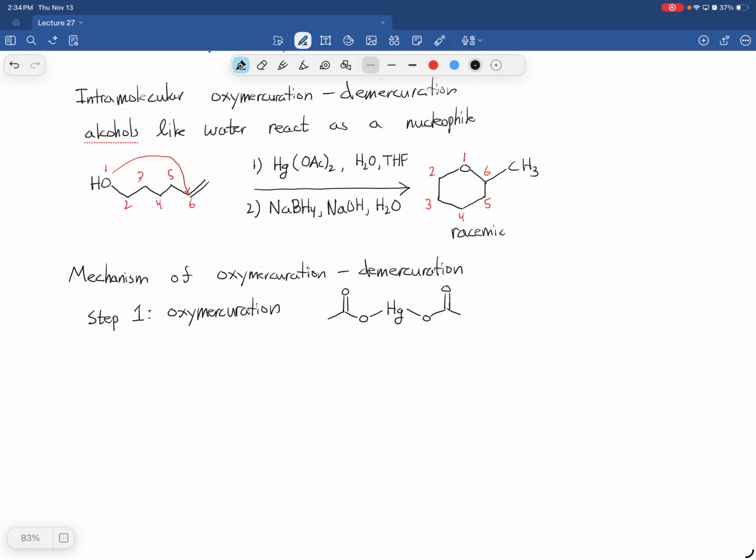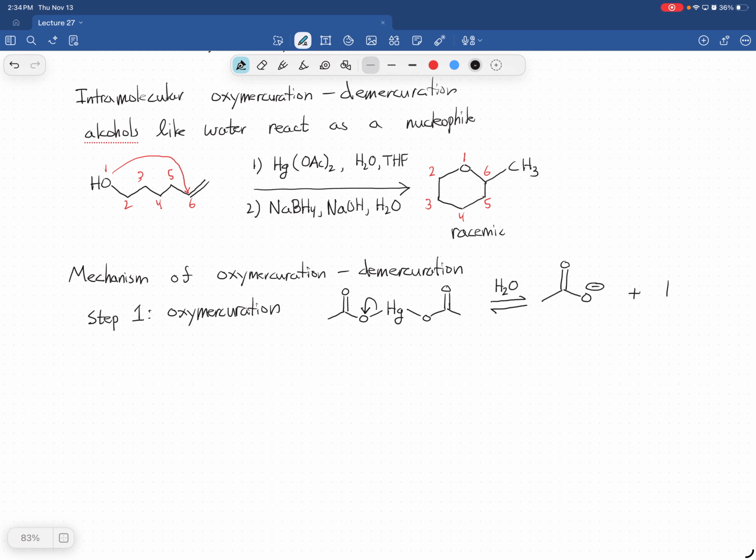So the mercury acetate in solution is not going to be very dissociated into ions because you have an organic solvent. Okay? So what happens here is one of the acetate groups will leave. Okay? And then water will help hydrolyze this bond. So water is actually going to cleave this bond and give you a free acetate group.